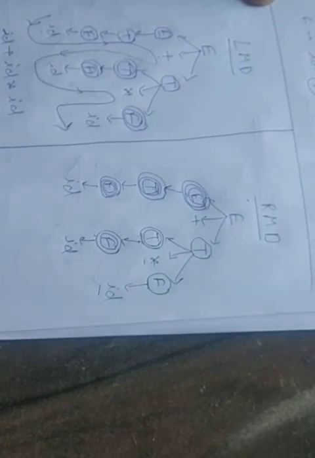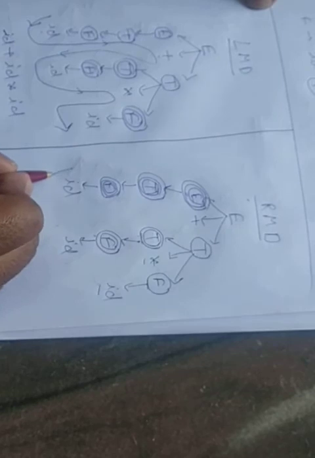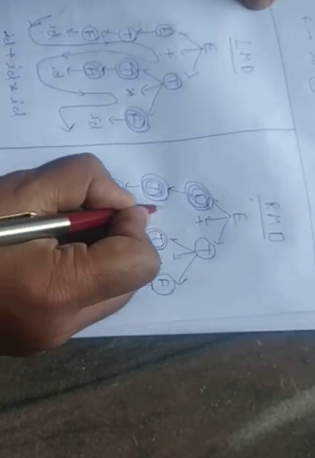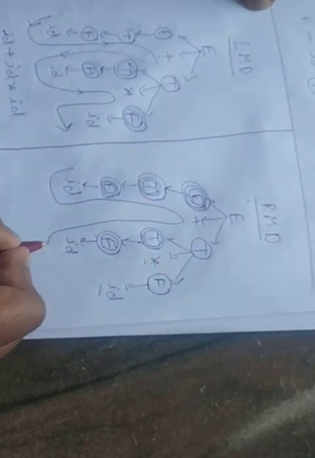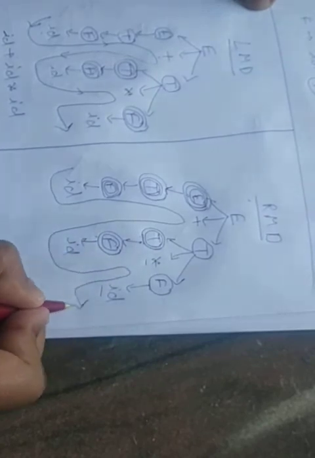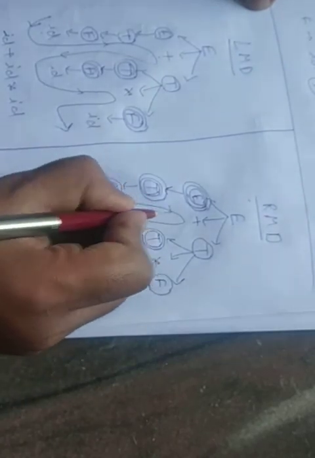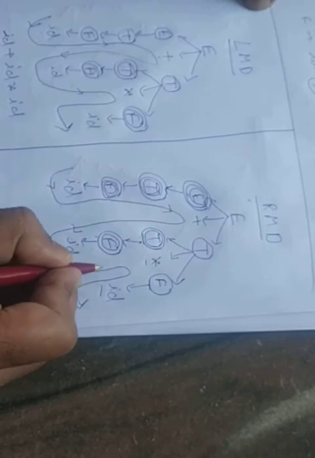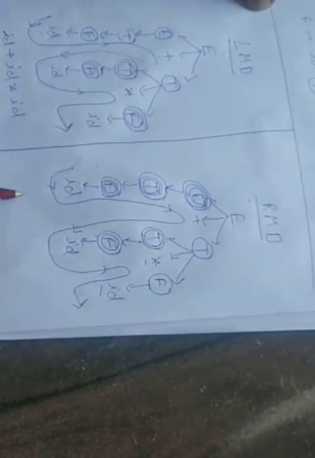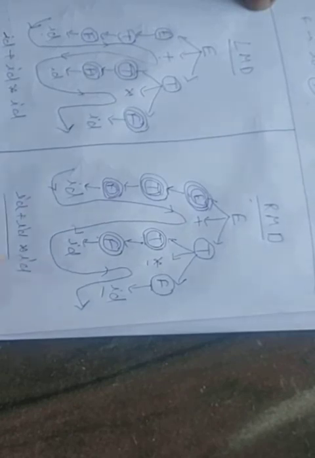Again, if I want to form the string, I read from left to right. In this manner, I got ID plus ID star ID.